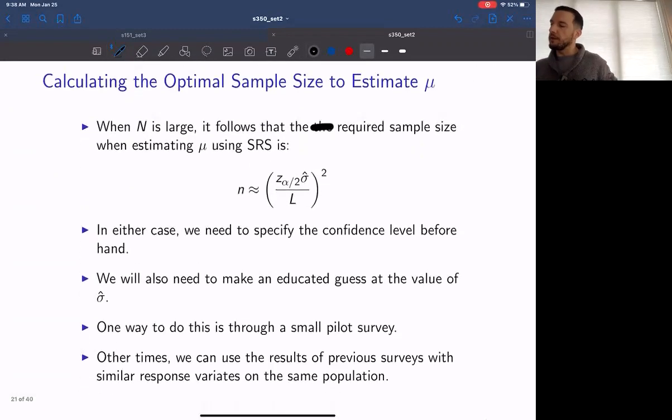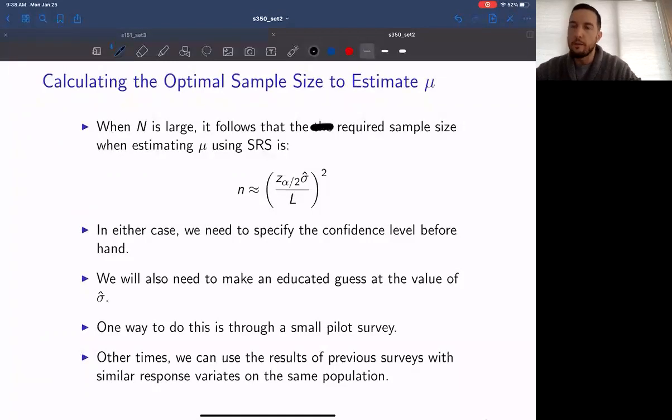All right, so there's a few things that we need in order to estimate the sample size for the SRS. Obviously, we're going to need to specify a confidence level, because the z-score is going to be determined based off of the confidence level that we are using, right? So if it's a 95% CI, the z-score is 1.96. If it's a 90% CI, the z-score is 1.645.